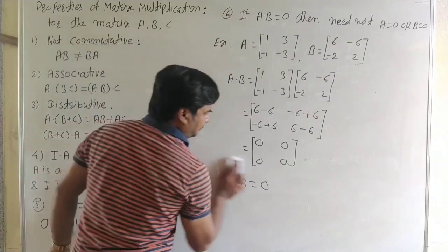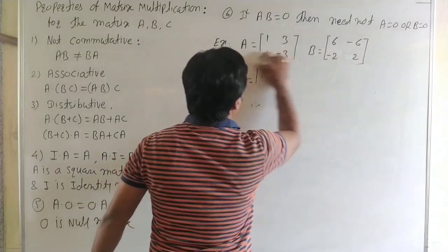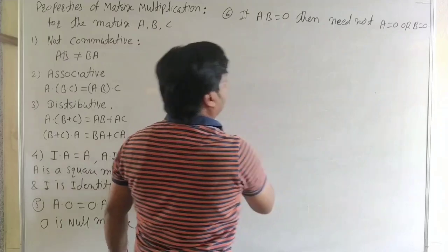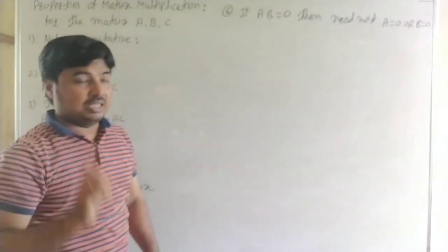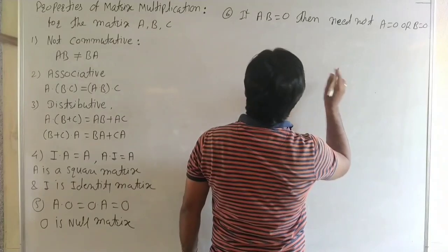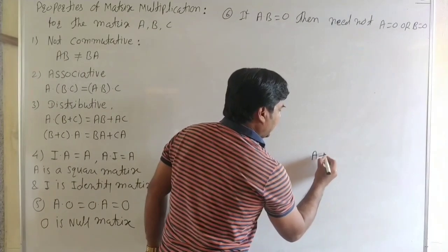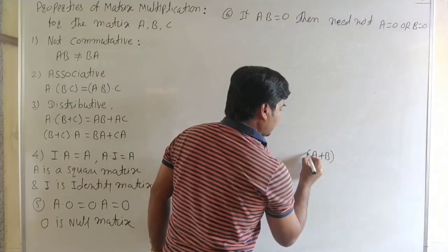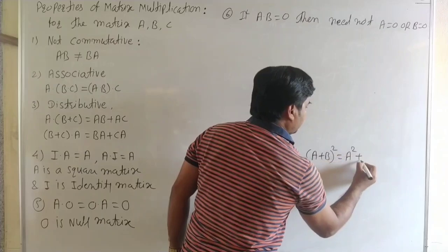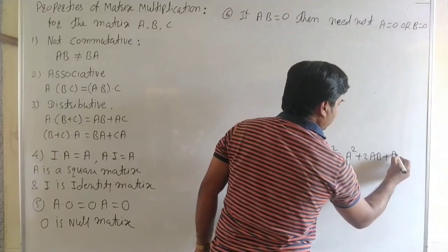Now we see some more algebraic relations in matrices. We know that (A plus B) whole square for any numbers can be written as A square plus 2AB plus B square.